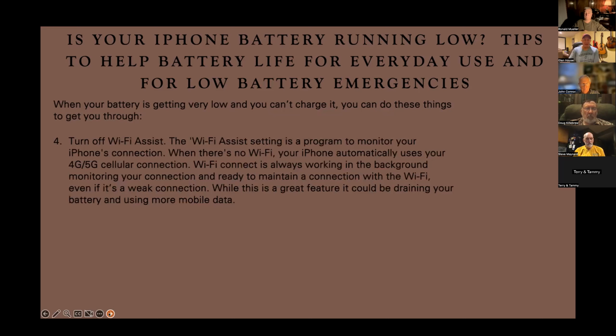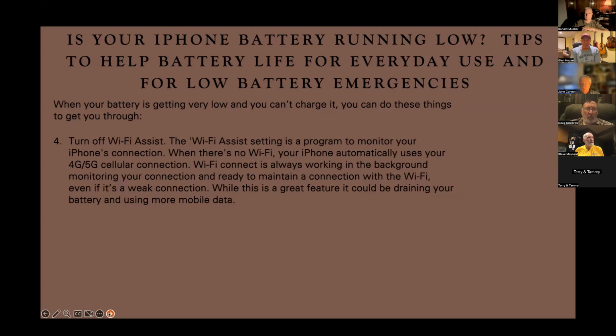It works in the background to maintain whatever Wi-Fi connection you have, even when it gets weak. While that's great, it's always searching and looking, which could drain your battery and use more of your mobile data.